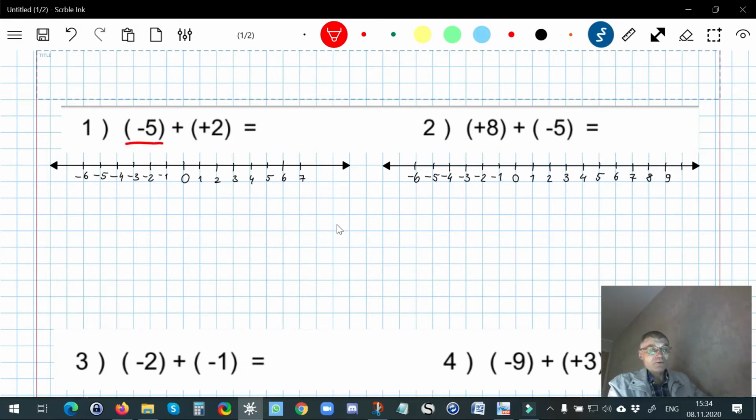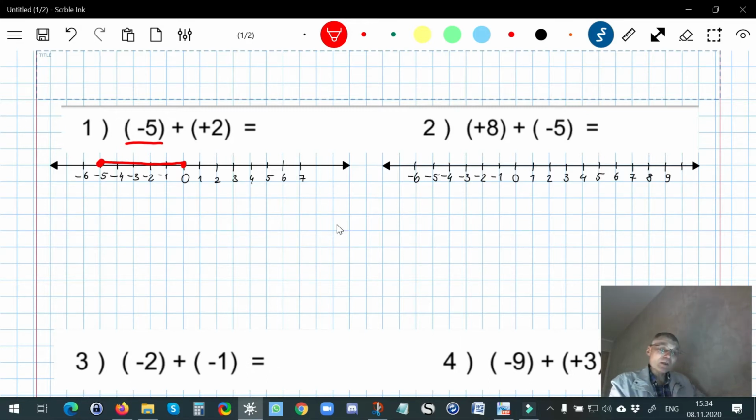-5 means that I should start at 0 and go to the negative side of the number line 5 steps. It means to the left. Let me do that. 1, 2, 3, 4, 5. I end up at -5, of course. This is my first step.